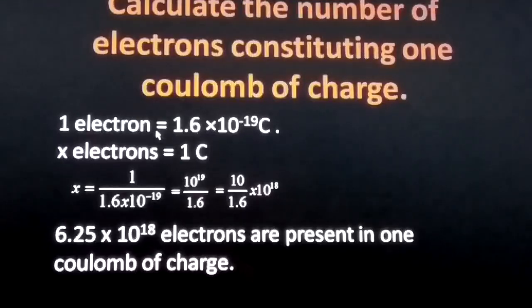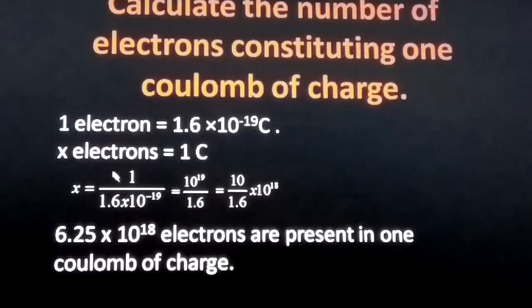We know that 1 electron is equal to 1.6 into 10 to the power of minus 19 coulomb. For x electrons equal to 1 coulomb, x equals 1 by 1.6 into 10 to the power of minus 19.